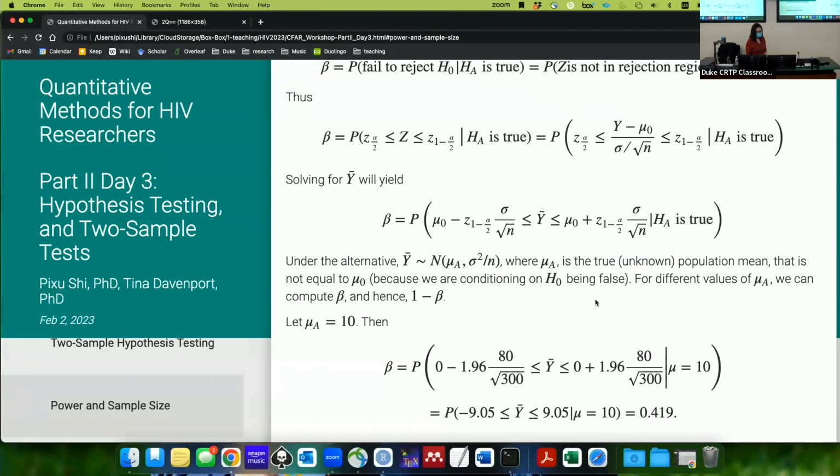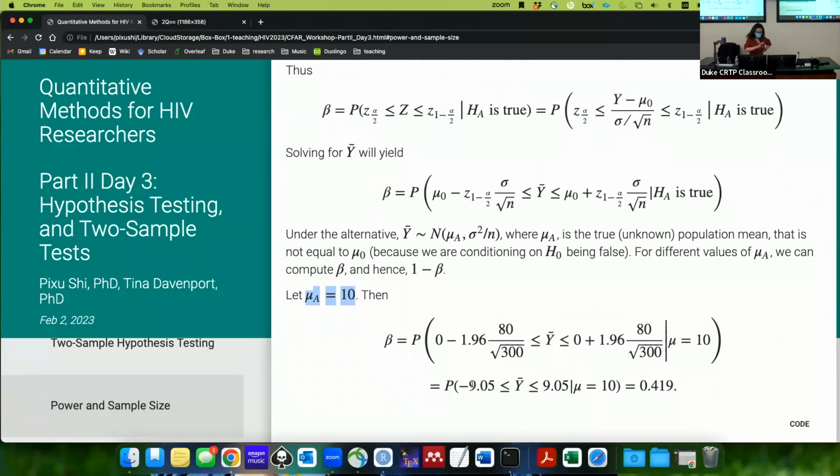Your effect size is reflected in the difference between the null and the alternative. Remember, the null is 0 and the alternative is 10. So if you have an effect size of 10, you want to be able to detect it. The 10 is in the alternative here, so the 0 is in here. If you take 10 out of y bar, the y bar minus 10 will be a mean zero distribution.